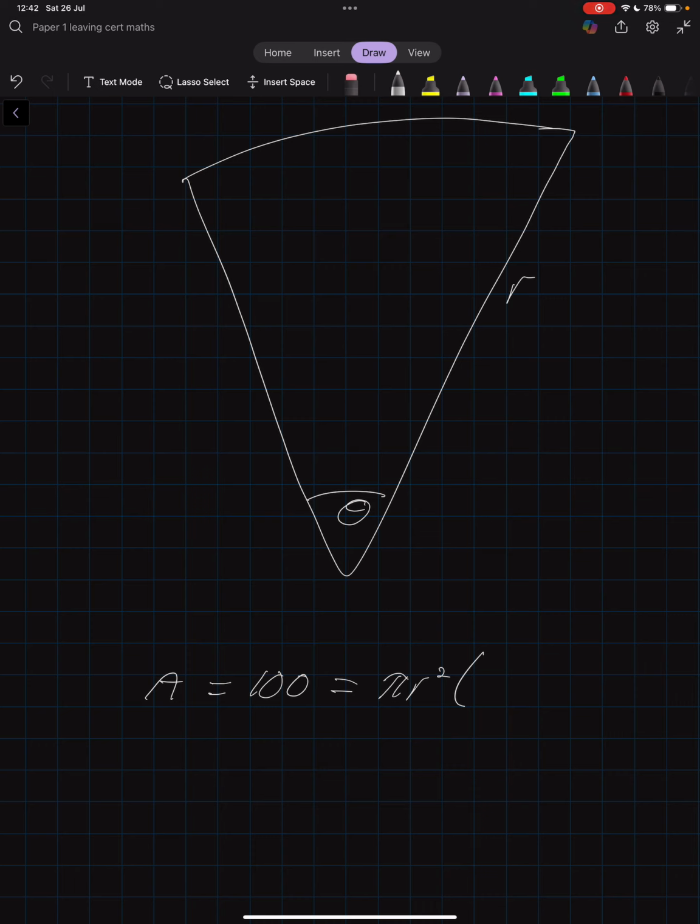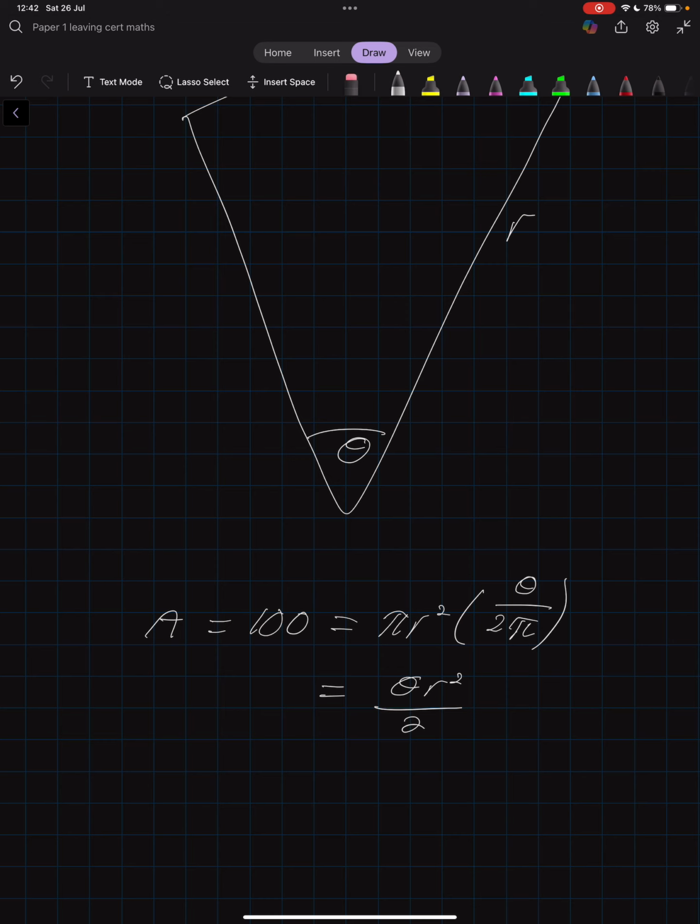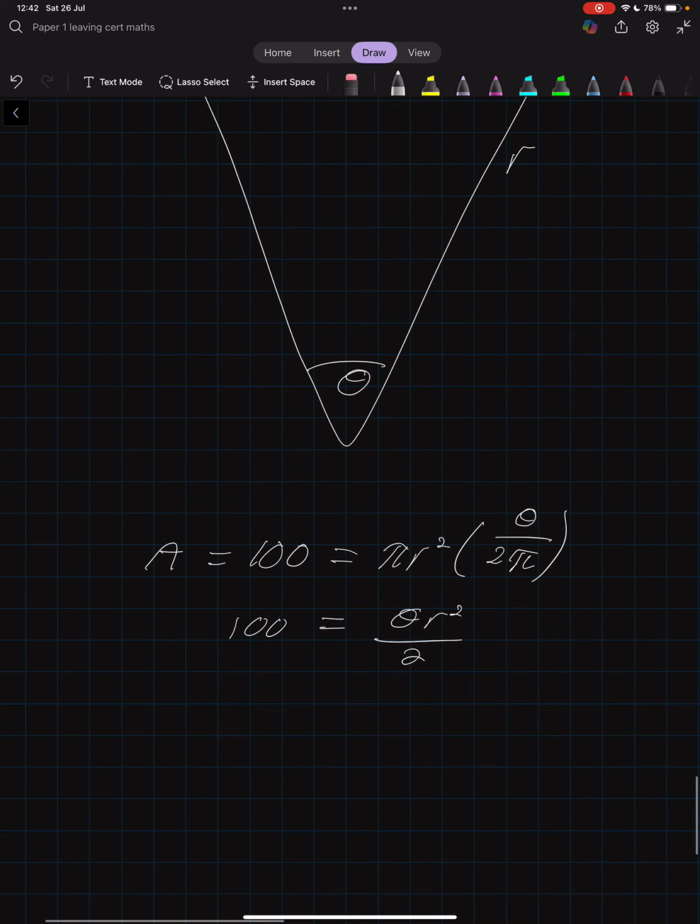You have theta over 2 pi. Okay? So it's theta r squared over 2 is equal to 100. So solving for theta, I get theta is going to be 200 over r squared. Okay? So that's it.